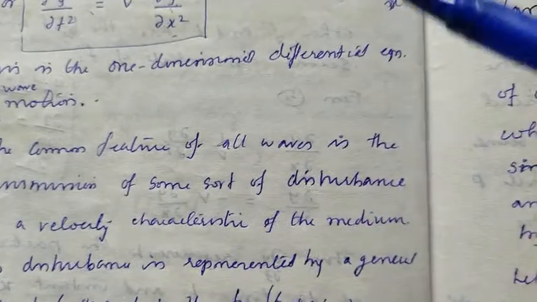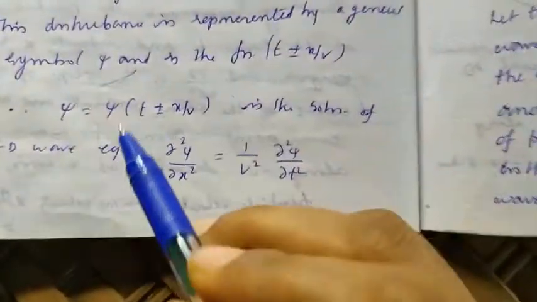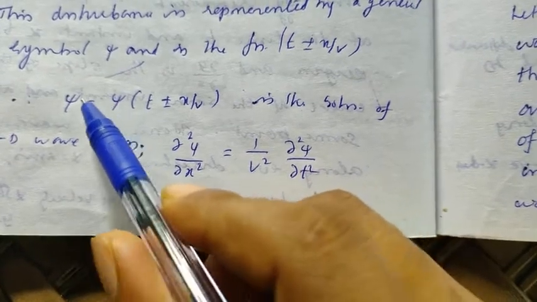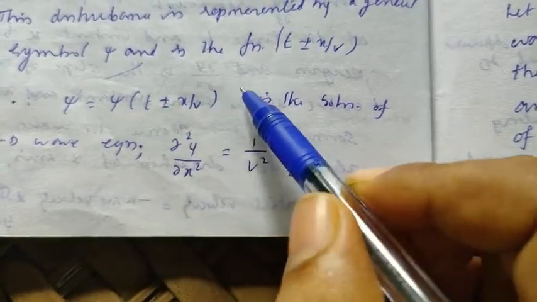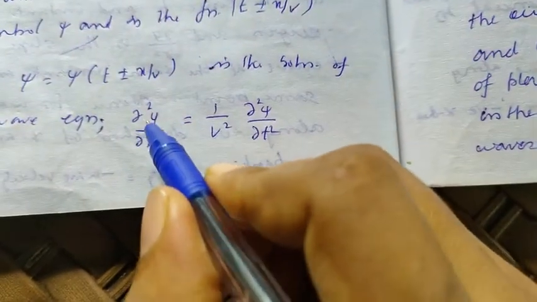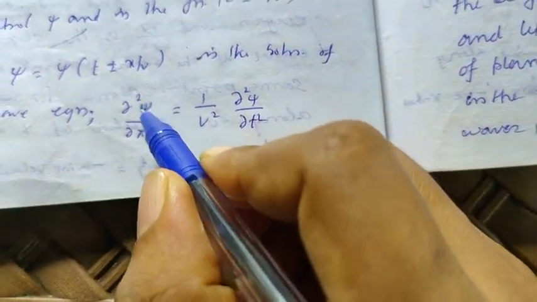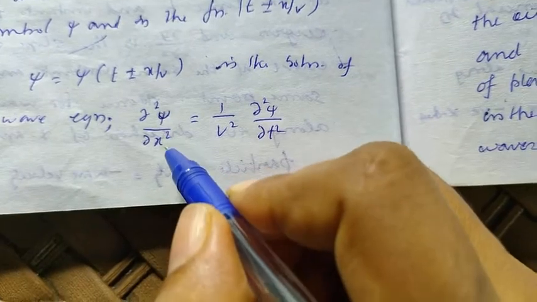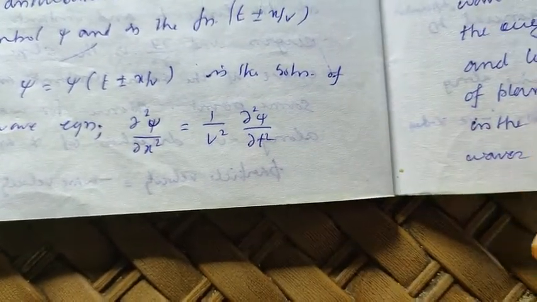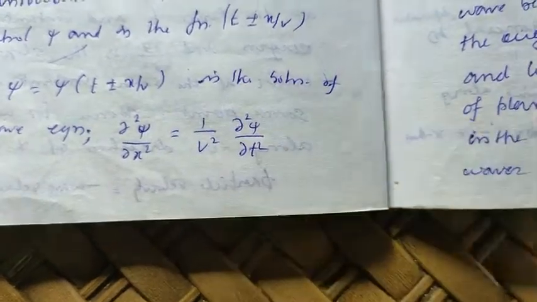This can be a general representation if we put psi instead of phi. So psi = psi(t + x/v) is the solution of the wave equation, where we have replaced y by psi. ∂²psi/∂x² = (1/v²) ∂²psi/∂t². It's a general representation.